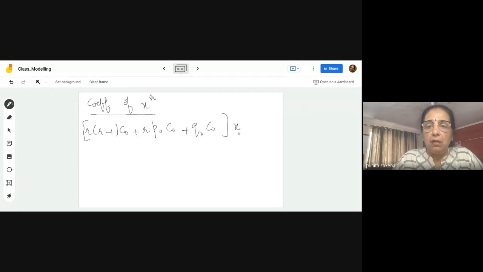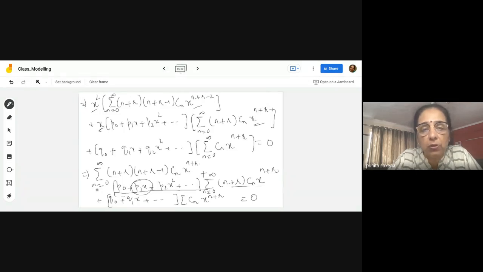Now again, see, the point is why I started with x to the power r, because that is the first term which this series is going to start with. See, it's what we did earlier also. We used to collect the coefficients and then see how things are behaving.